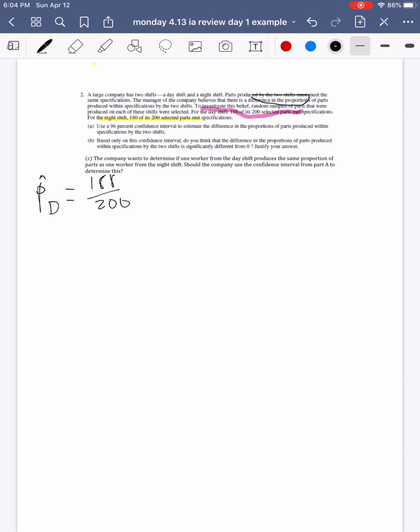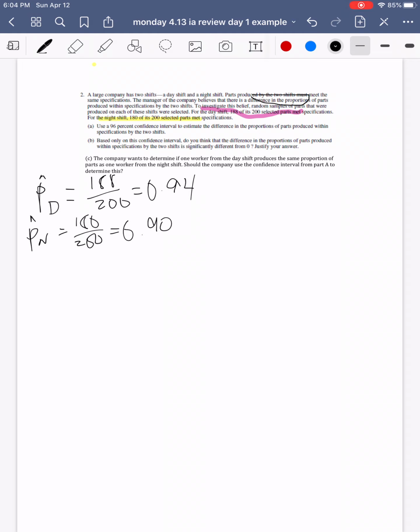The p hat of the second shift, the night shift, is 180 over 200. So that is 0.90. I apologize. The day shift is 0.94, not 0.98.